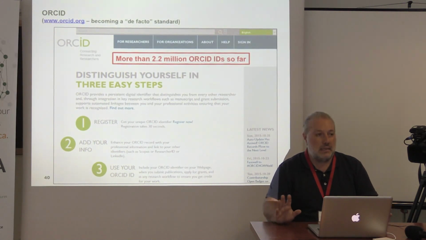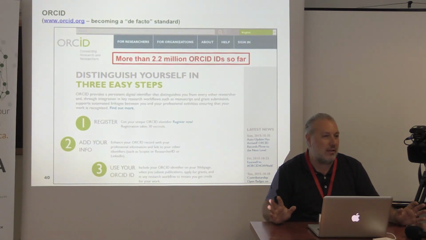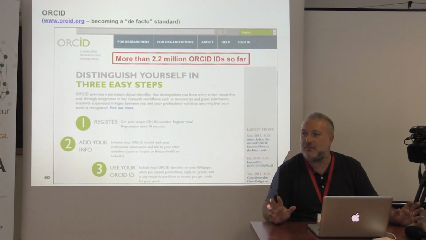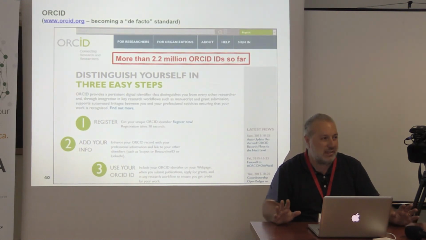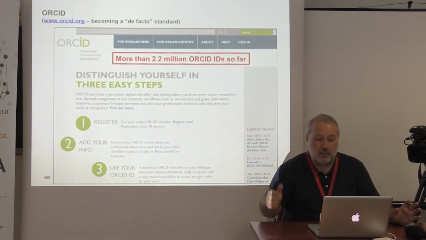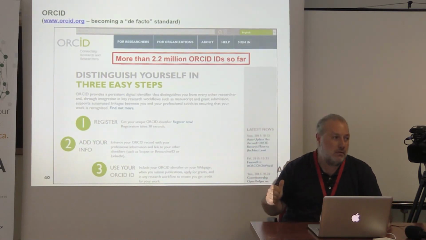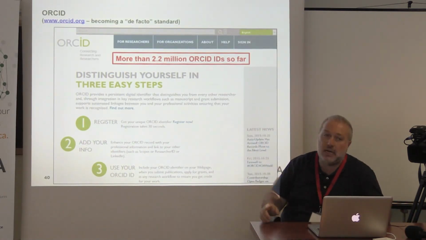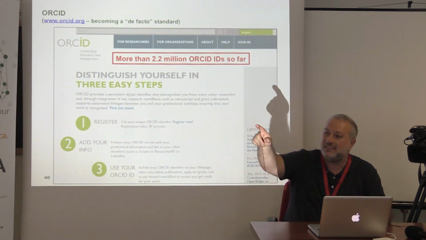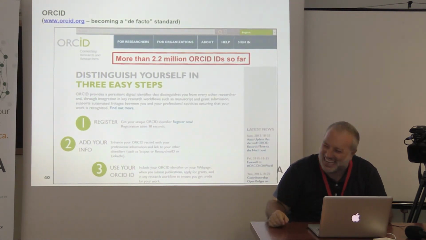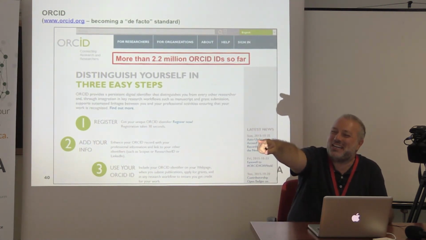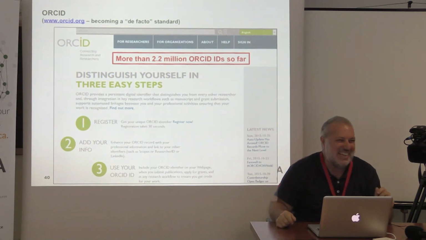Well, every time I ask this, it is between 10 and 15% of the audience. That's really bad. But you can get an ORCID in minutes, and actually more than 2.2 million researchers in the world have one. Okay, great. Stick your orange post-it on your laptop.